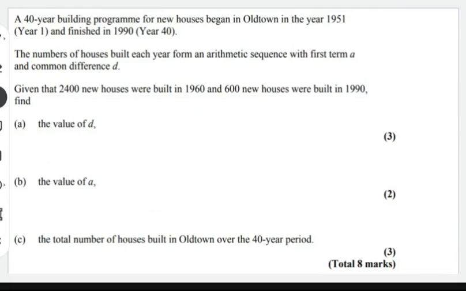And then for 1990, we put in the value of n for that, and put that a plus n minus 1 d version equal to 600. But wouldn't that equal the nth term, a plus n minus one d? No, that's the nth term, the value of the nth term. And n represents the position number. Oh, okay, yeah.